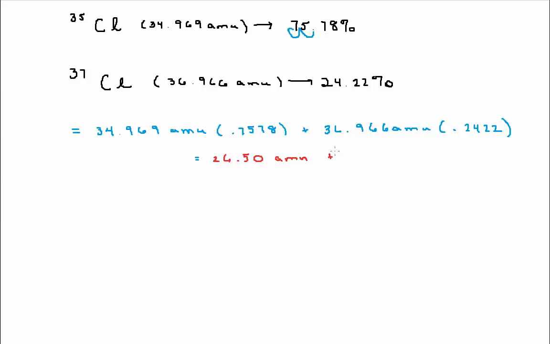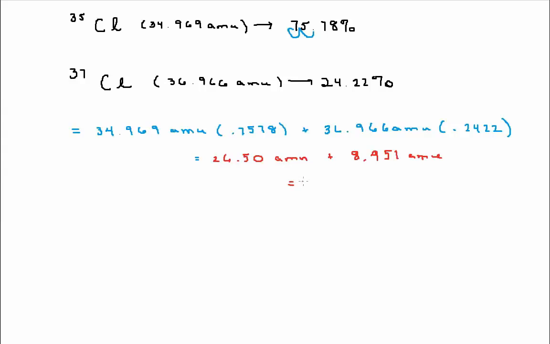For the next one, I'm going to take 36.966 and multiply it by 0.2422. I get 8.950501. So I'm going to round that to 4 sig figs, so 8.951 AMU. Now, what I've been doing in my calculator, I showed you my steps, but I just kept the 26.4995 in my calculator, and I kept the 8.950501 in my calculator, and I added them together, the unrounded values.